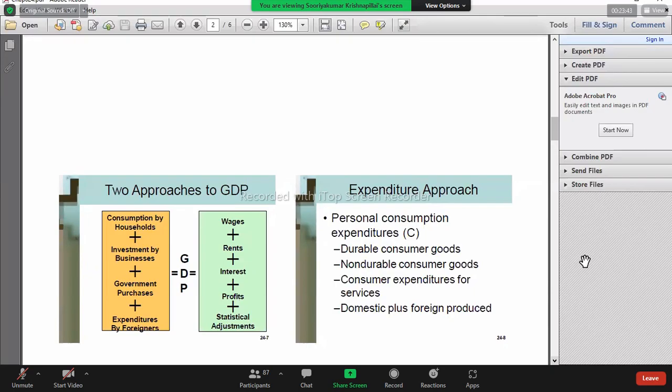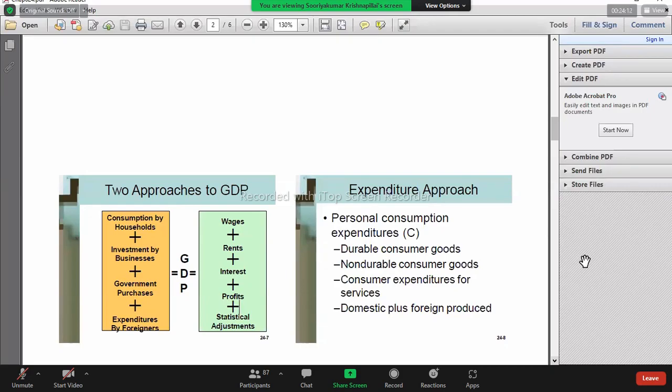Some are non-durable consumer goods, so food and many other things. And also we spend on services: education, health, the mobile phone service and many things. That is consumer expenditure for services.